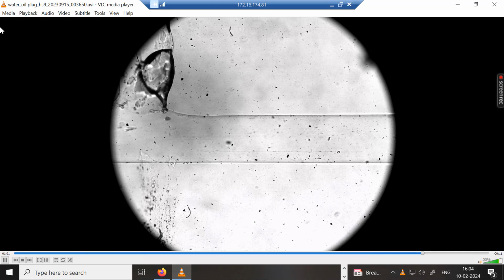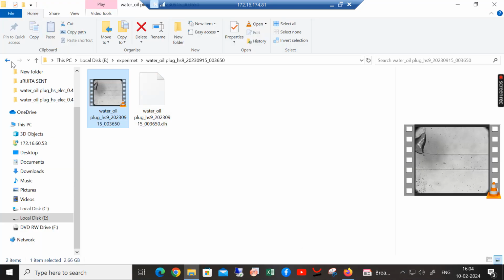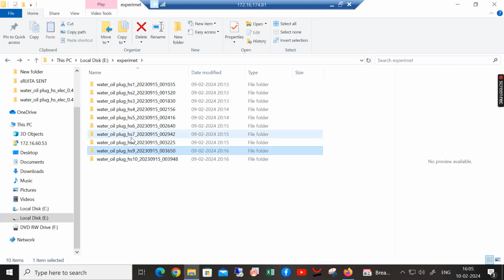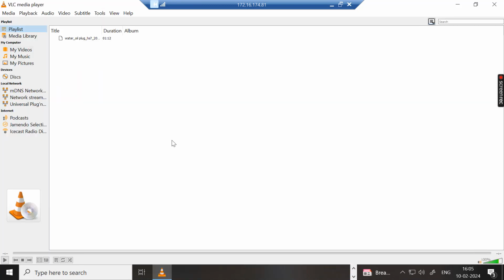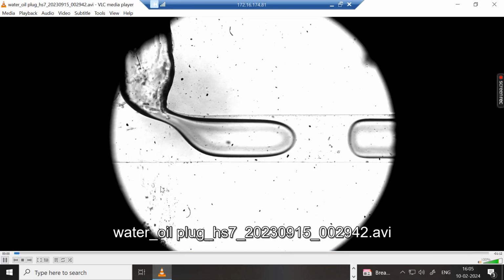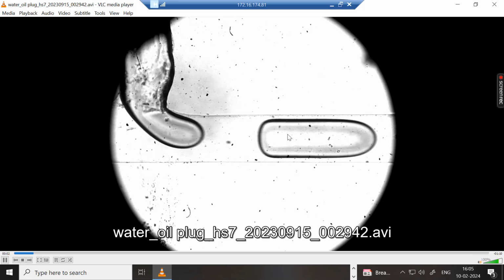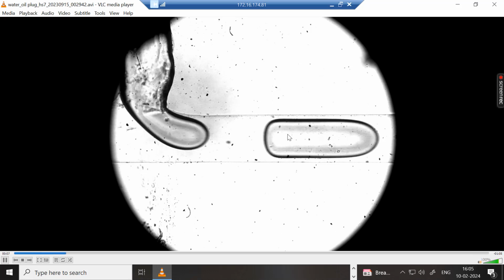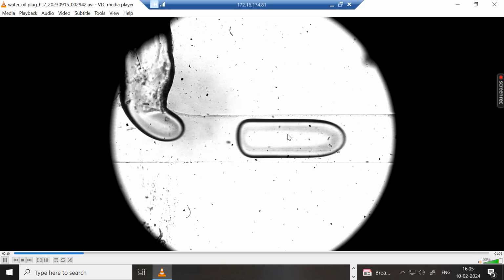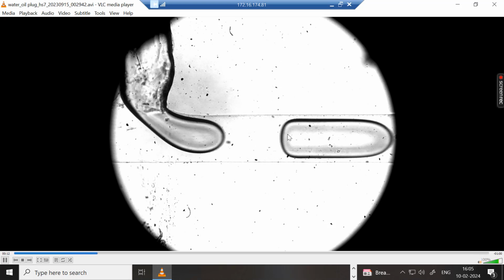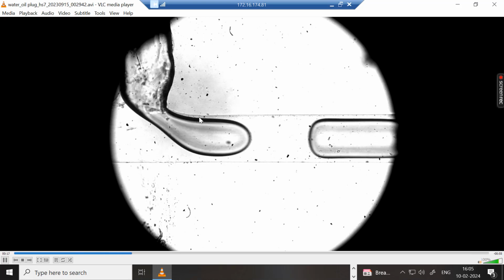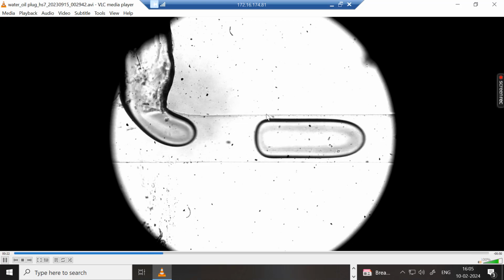If you want to do this experimental thing computationally, then you have to decide your model system as per the experimental geometry. See, this is the slug formation. When the volumetric flow rate of the water to the oil is a bit high, more water volume is collected, and this is a kind of Taylor flow.